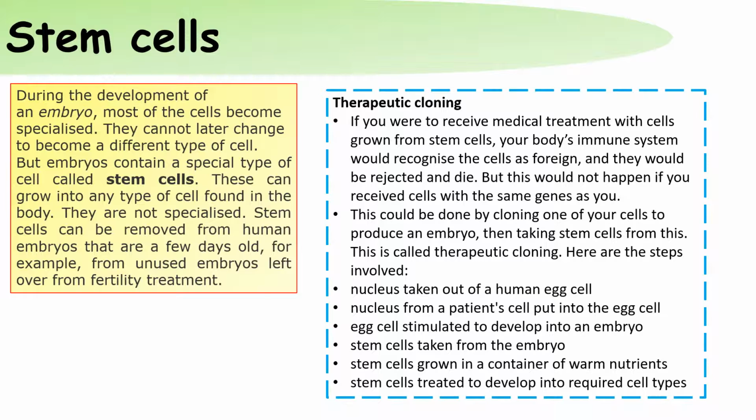This can be done by cloning one of your cells to produce an embryo, then taking stem cells from this. This is done by taking the nucleus out of a human egg cell and putting a nucleus from a patient cell into the egg cell. The egg cell is then stimulated to grow to an embryo, and embryonic stem cells can then be taken from this.